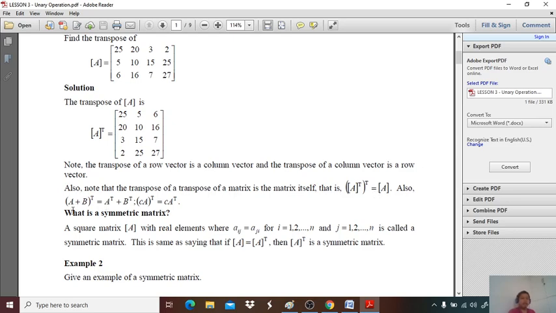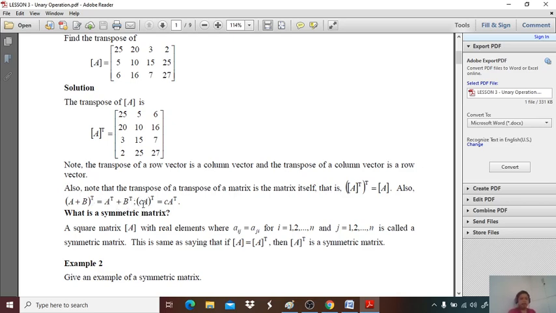Also, when we first add A and B matrices and then transpose the resulting matrix, that is the same as when we first transpose A, then add to the transpose of B.